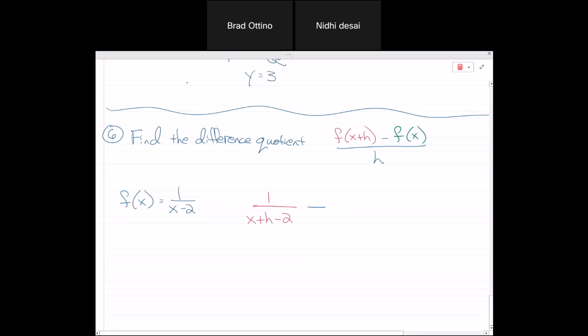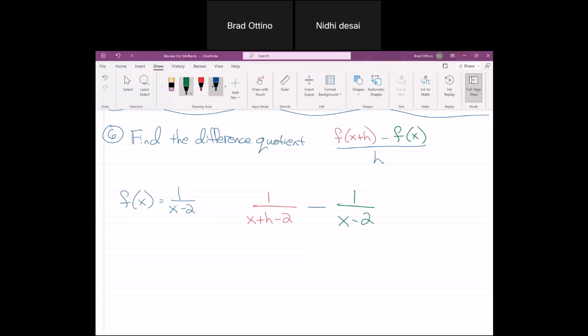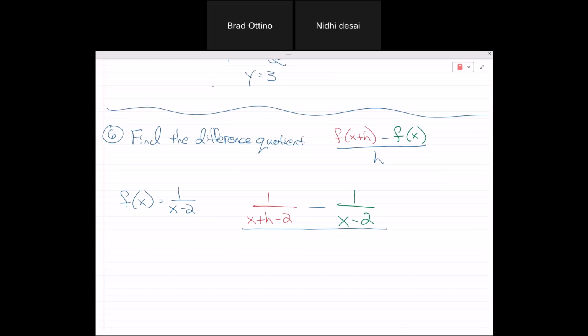So we're going to subtract 1 over x minus 2, and then divide the whole thing by h.